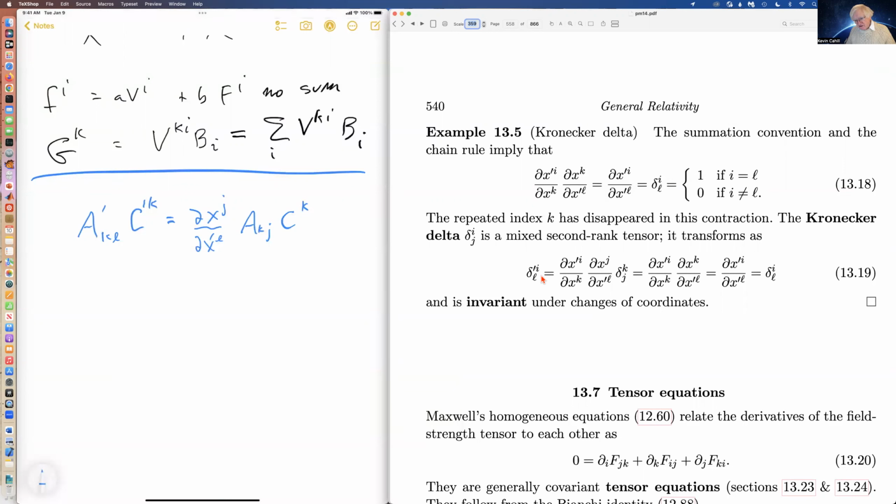The reason for that is delta prime IL will have an I index upstairs, an L index downstairs, and then we'll have K and J, and we'll be summing over K and J. Then we set J equal to K, and we have this. Then by the chain rule, that's just partial of x prime I, partial x prime L, and that's the Kronecker delta. So the Kronecker delta, you see, is invariant under general coordinate transformations. It's an invariant tensor.